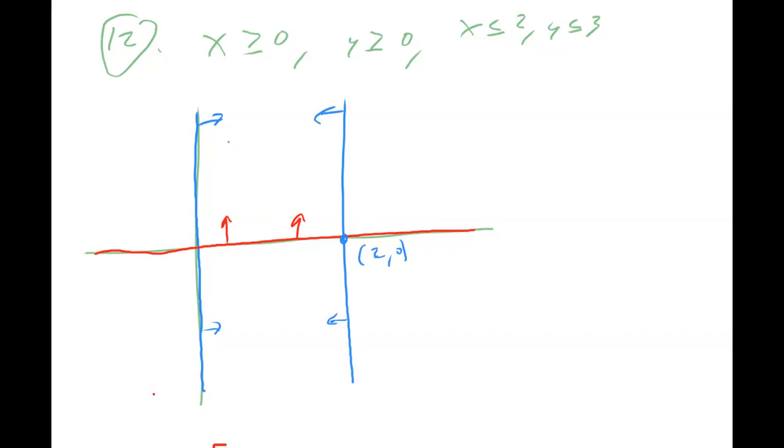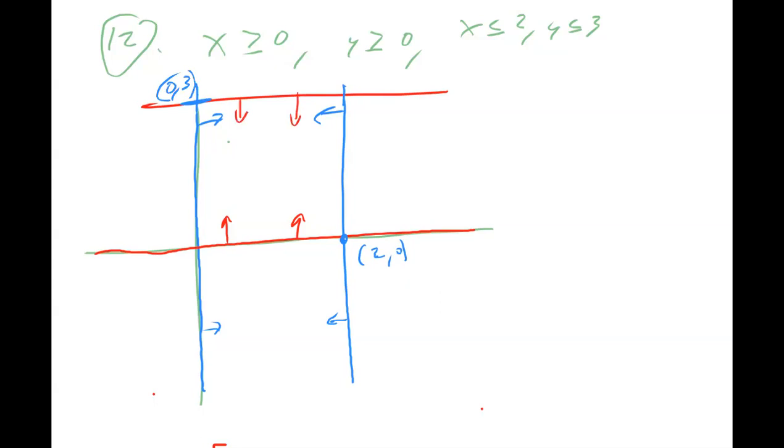Then last but not least, you have y less than or equal to 3. That's up there, going through the point 0, 3, but it says y is less than or equal to 3, so you're going to be below that.